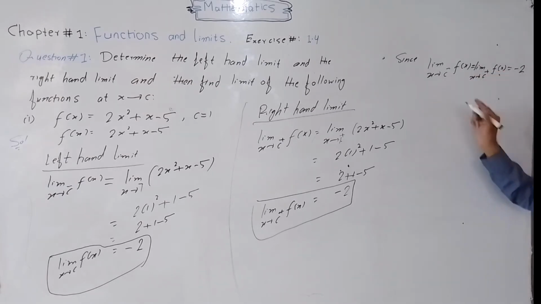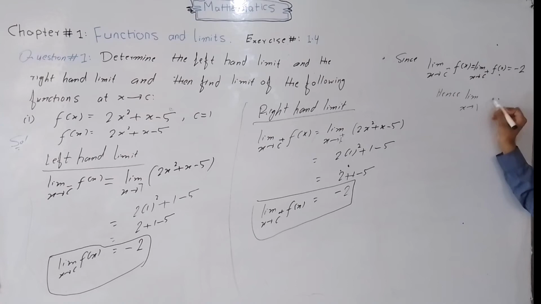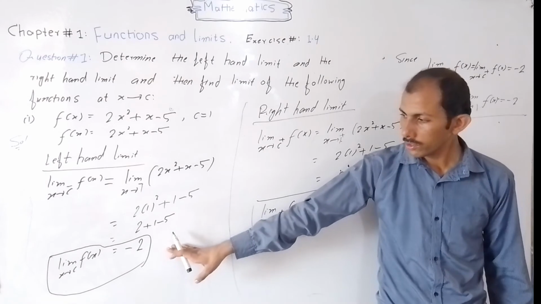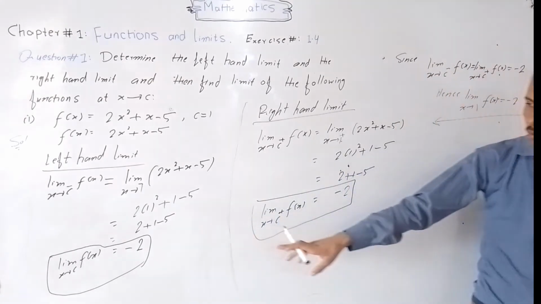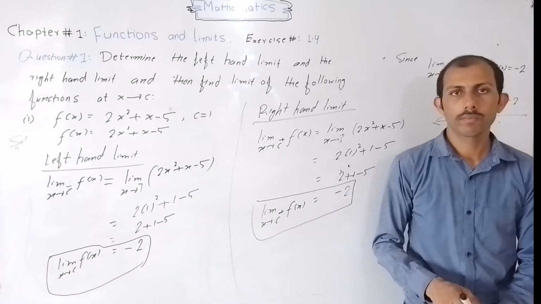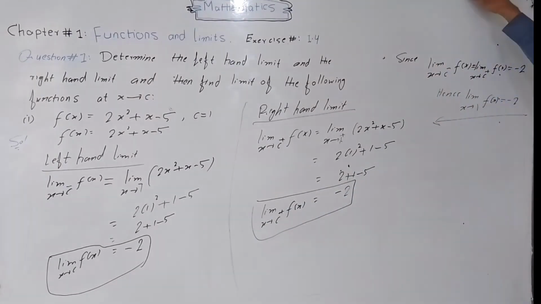Hence, limit as x approaches 1 of f(x) is equal to minus 2, which is the required solution. Limit as x approaches 1 of f(x) is equal to minus 2. Next part.